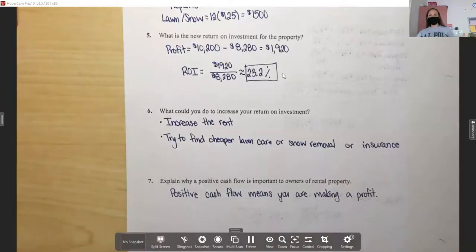So if you don't have a positive cash flow, then that would mean that it's costing you more money. So the money that's coming in from your rent, it costs you more than that. So you would be losing money or spending your own money to cover your expenses.